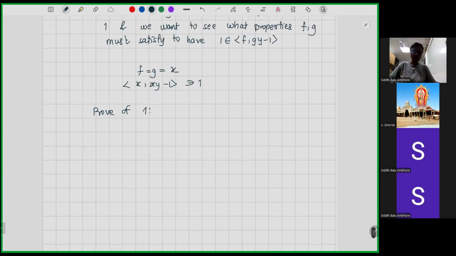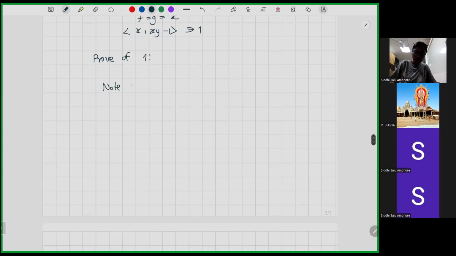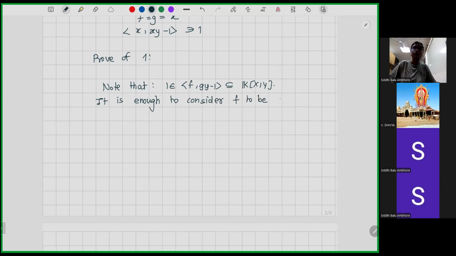We first observe that, since 1 belongs to (f, gy minus 1), which is contained in k[x, y], it is enough to consider f to be an irreducible element.